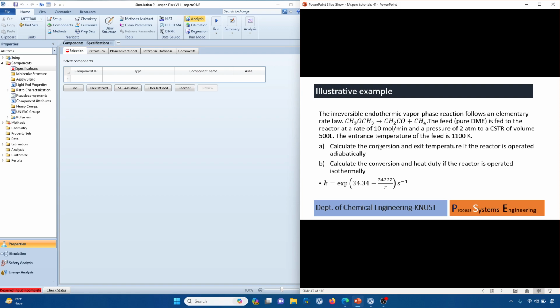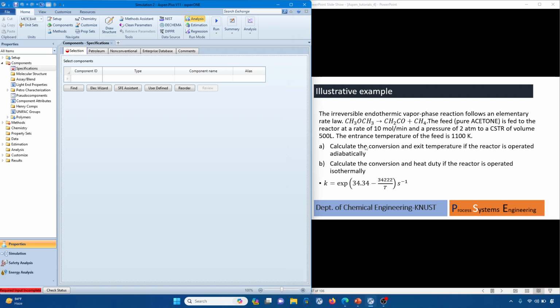Where you have R equals K C, assuming this was component A, then you have R equals K C_A. Whatever the coefficient of this, in this case is 1. So the concentration of A has an exponent of 1.